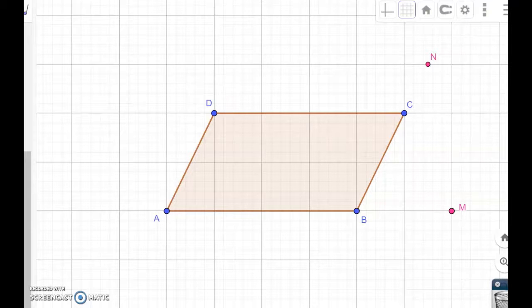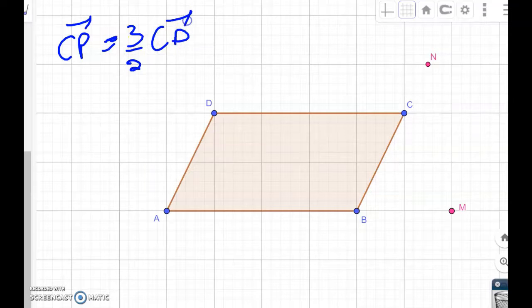Okay. Similarly, we continue with the third point. We have CP equals 3 over 2 CD. So this is CD, CP, same direction, same sense, but the magnitude is 1.5 times this. This is 4 units. When you multiply it by 3 over 2 or 1.5, you get 6 units.